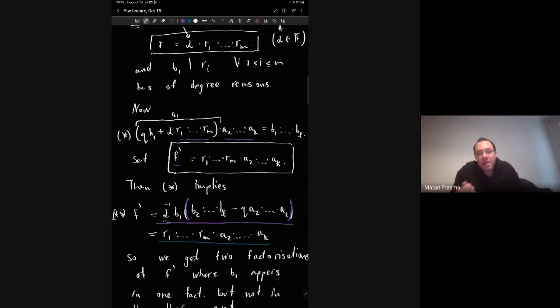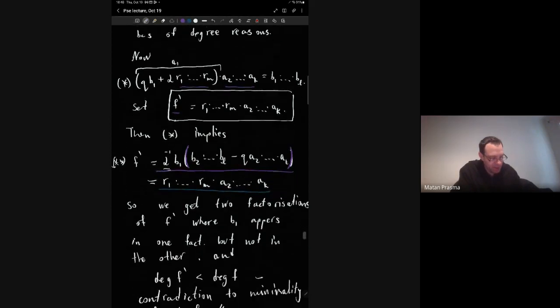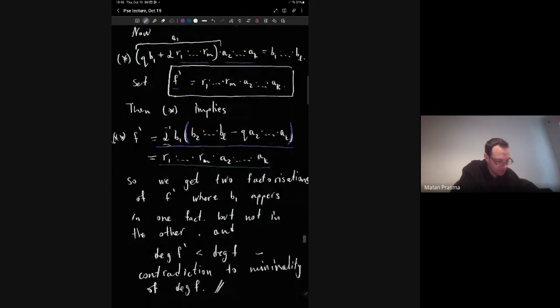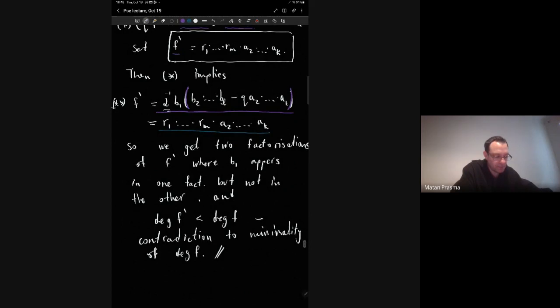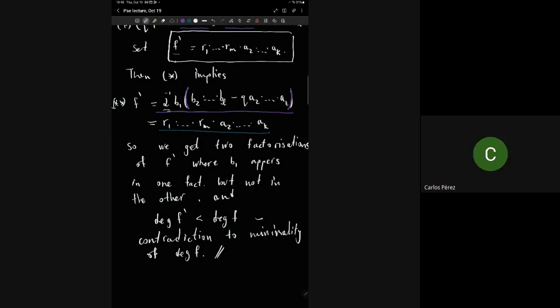But F prime is of degree strictly smaller than F. So this is a contradiction to the minimality. Is this clear now? It is for me, at least.